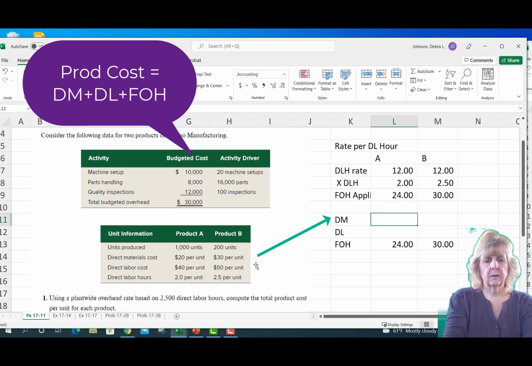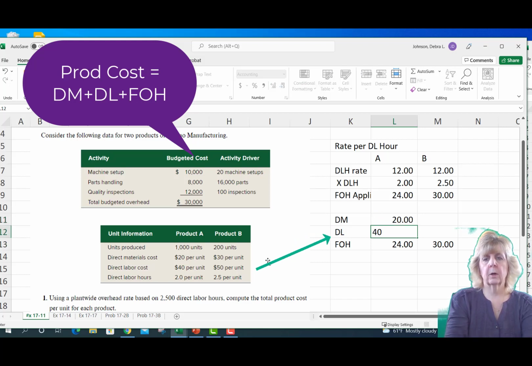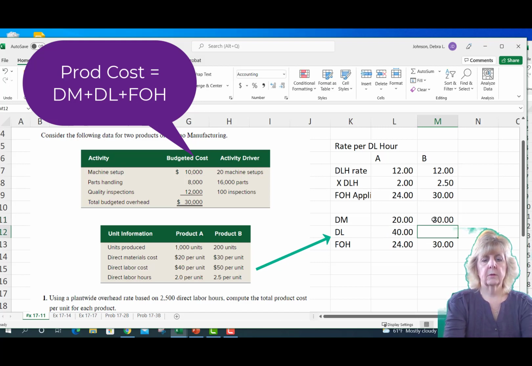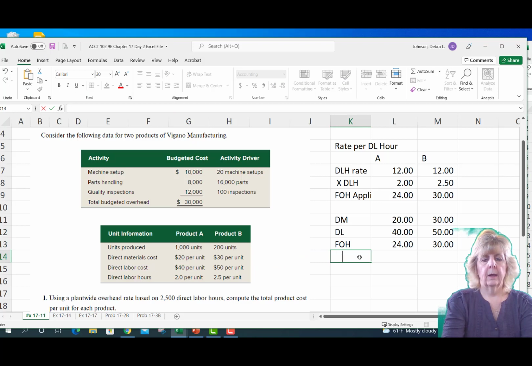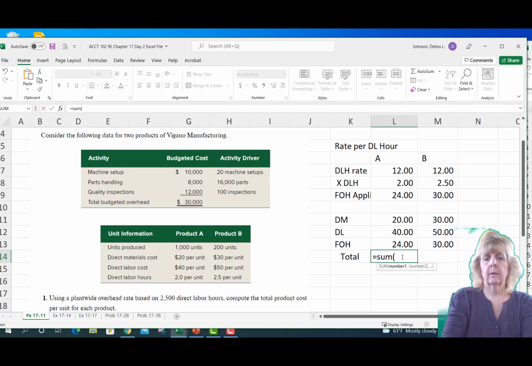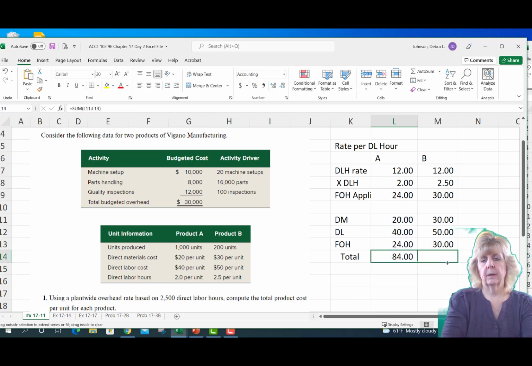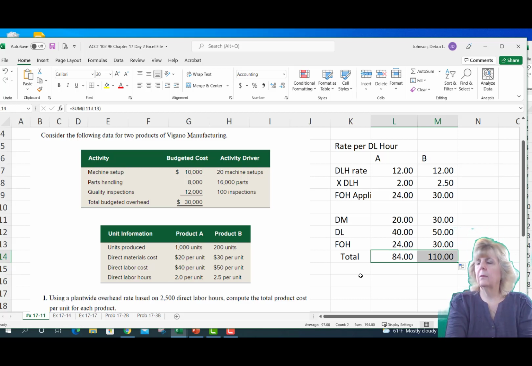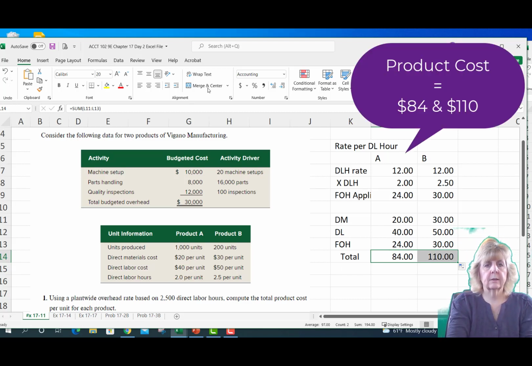Materials and labor are given by the author as $20 and $40 for product A, and $30 and $50 for product B. When we add those up, we get the total product cost. Okay, so that's really a review of what we looked at last time.